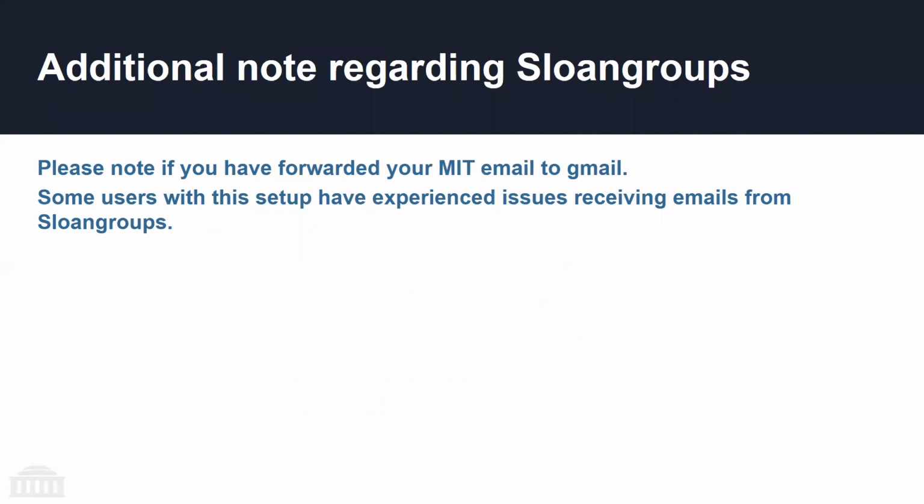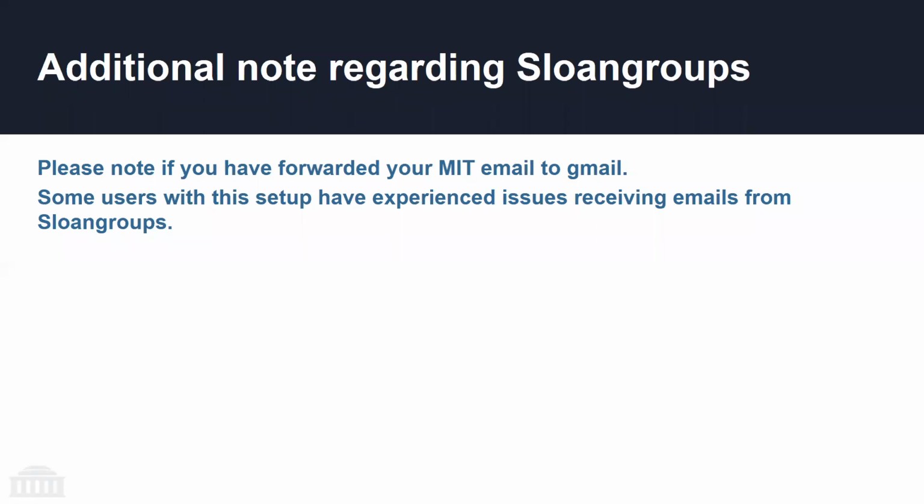This is our note here. In the past, we've had issues sometimes with folks trying to get notes from Sloan Groups. If you forwarded your MIT account to a Gmail account, there have been instances where Sloan Groups emails do not make it through that forwarding.